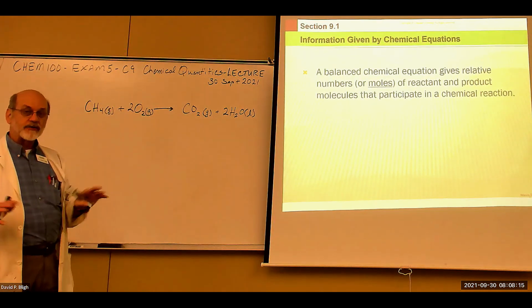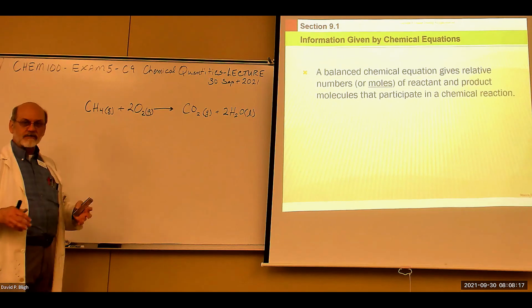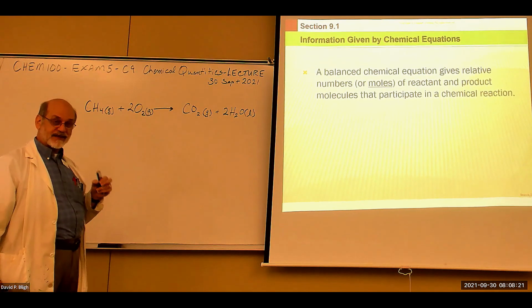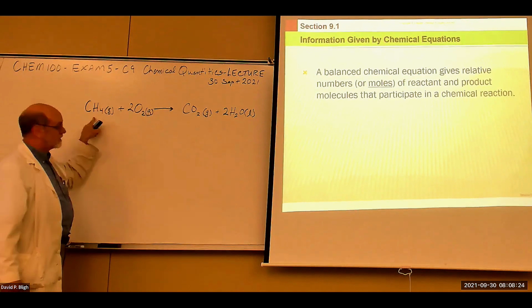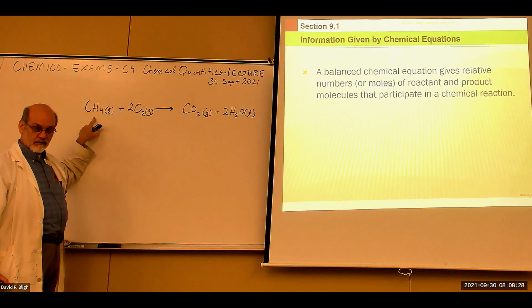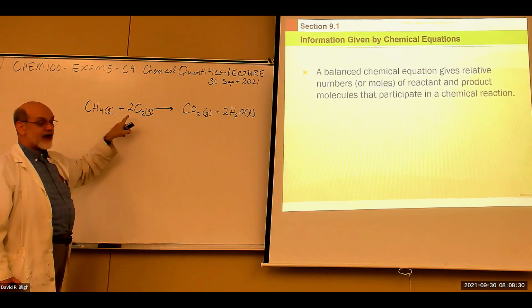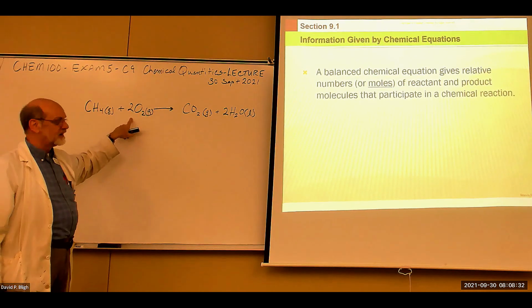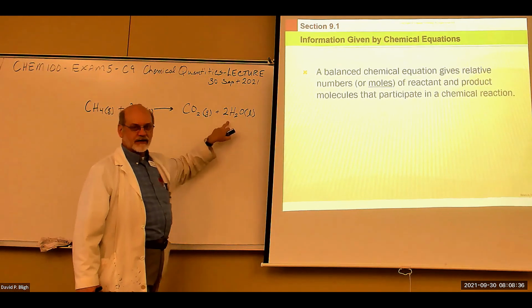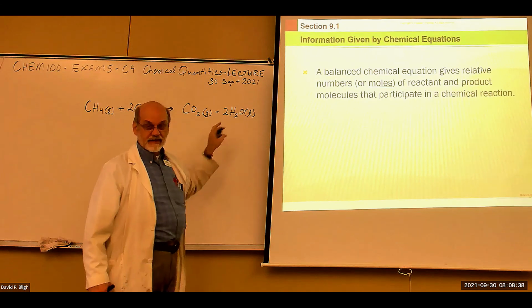The relationship also holds for numbers of moles. In other words, 6.022 times 10 to the 23rd molecules of methane, 1 mole, will react with 2 moles of oxygen and produce 1 mole of carbon dioxide and 2 moles of water.